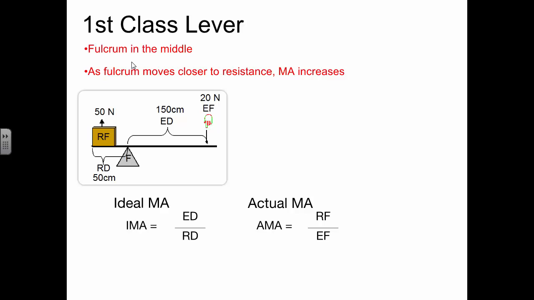All right, so ideal mechanical advantage, what's it for this simple machine, this lever here? Effort distance is 150 centimeters. Resistance distance, 50 centimeters. Giving us an ideal mechanical advantage of 3.